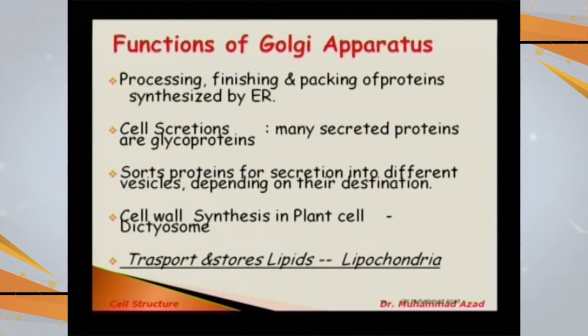Cell wall synthesis in plant cells is another important function, along with the transport and storage of lipids in the form of lipochondria. The Golgi apparatus is a very important organelle, given its functions of finishing and packing of product. What is finishing?